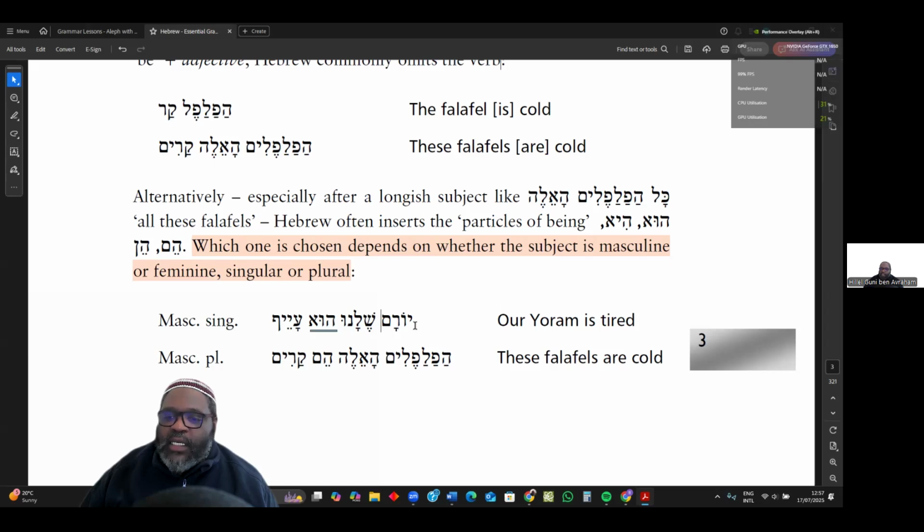So let's see. We have a cholem here, which is the dot on top of the vav. That's the O sound. And then we have kamatz underneath reish. So we have the name Yoram, which is a boy's name. Shelanu, which means our.